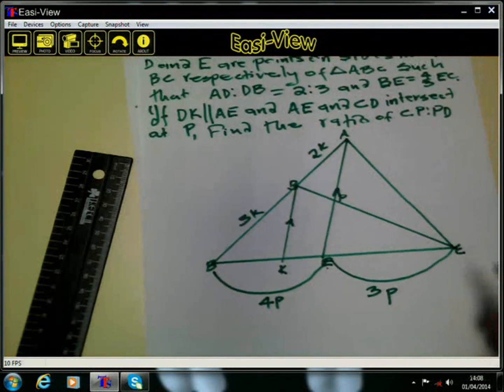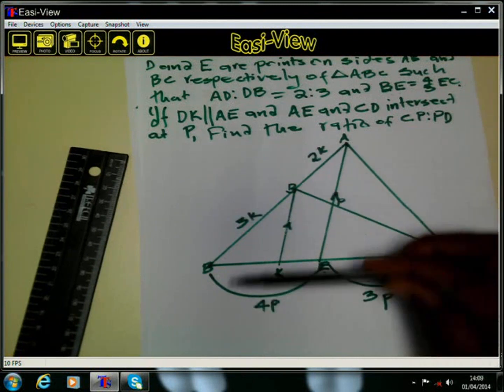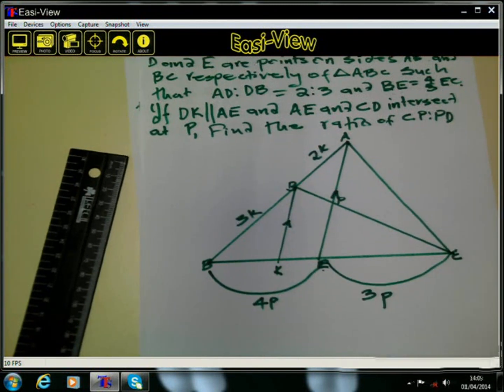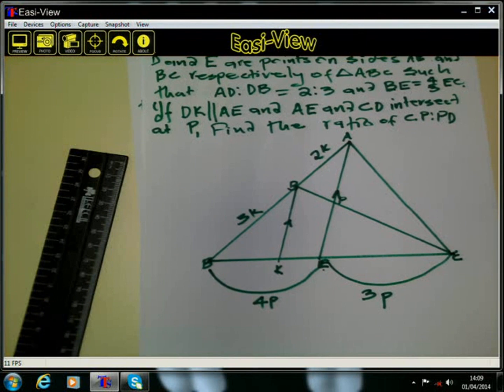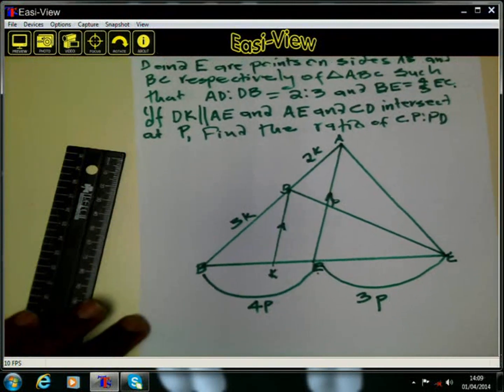But the information that we ought to use here is the information which is provided to us. I'm going to give you at least 10 minutes to solve this. When we come back, we will quickly look at it and thereafter look at the Pythagoras theorem. So we are going to have a 10 minute break answering this question. Let's attempt it.